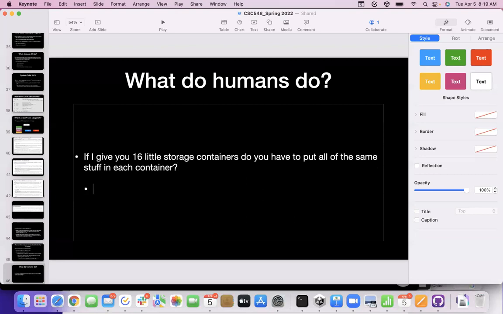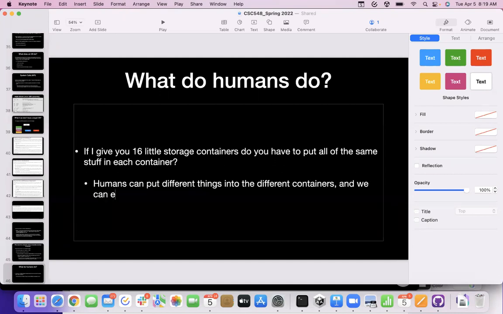So humans can put different things into the different containers, and we can easily remove or look at individual containers.